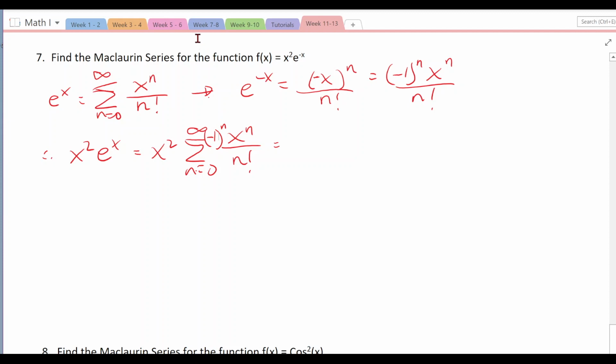I forgot to put negative 1 here. We maintain the negative 1 to the n, and then we just multiply the x squared in there, so x squared times x to the n becomes x to the n plus 2.